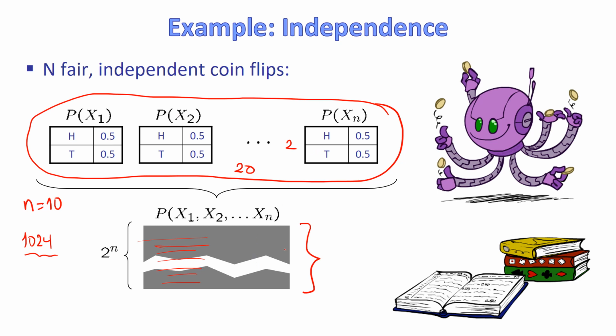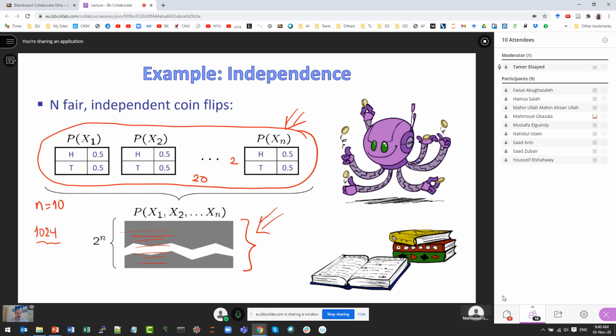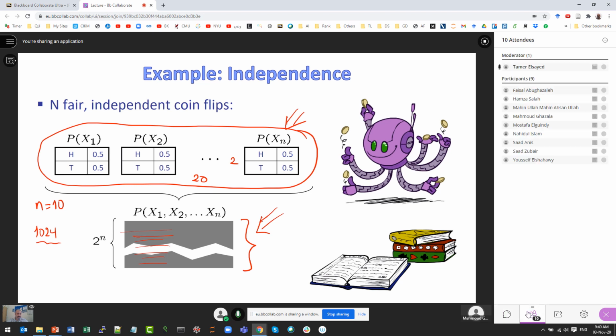Because any joint probability that I need to calculate, I can calculate by just the product from these tables. So I really don't need to keep that big table around. We just need to keep these very small tables around. Okay? Questions? I saw a hand, I think. Any questions about this?